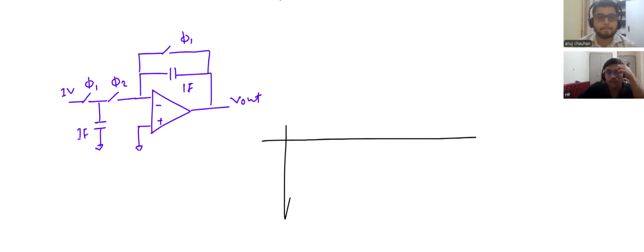For phi 1 phase, my output is 0, and for phi 2 phase, it is -1 volt.